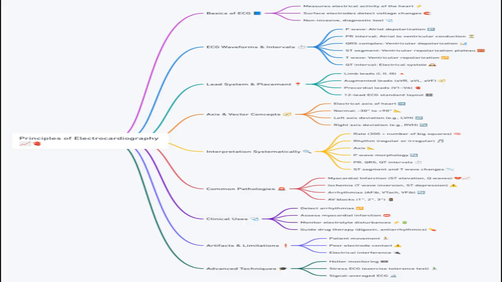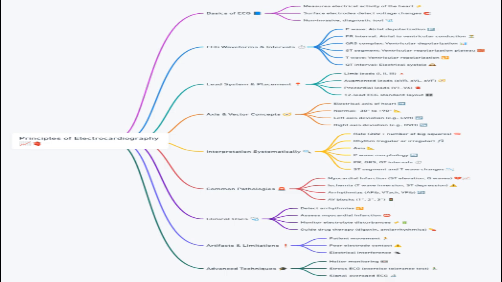So the ECG instrumentation and setup: the electrodes and the lead system. Electrodes are conductive pads attached to the skin, which detect the voltage differences generated by the heart.